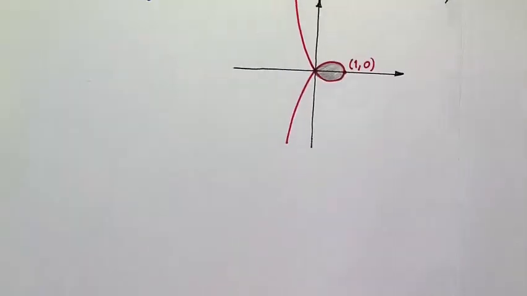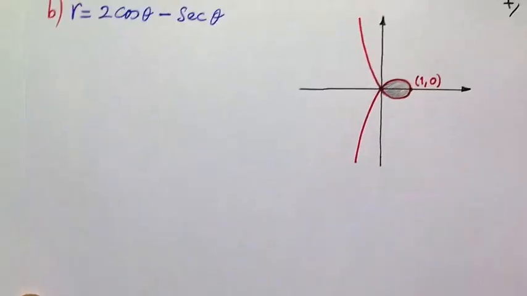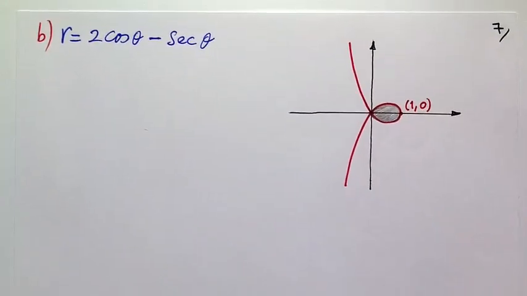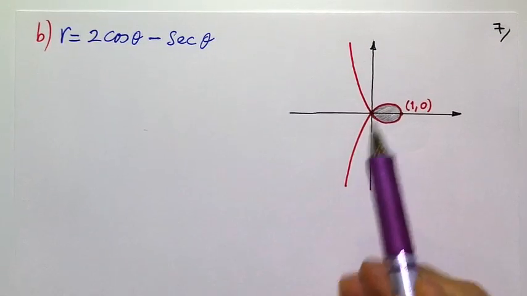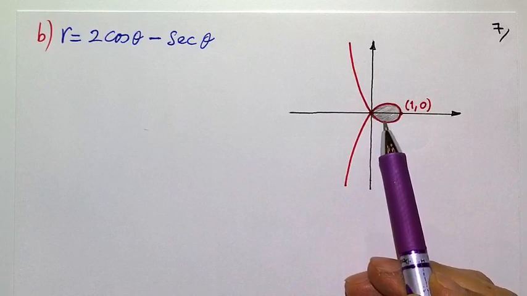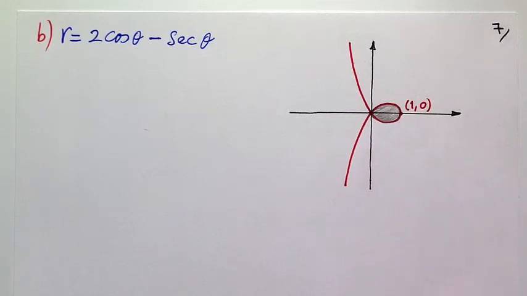Here's another similar example. We want just the area of that region enclosed by that loop. Okay.